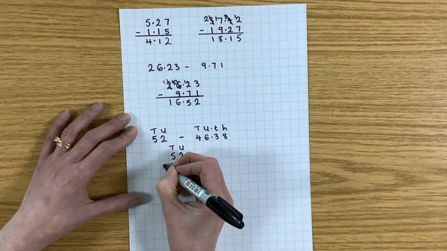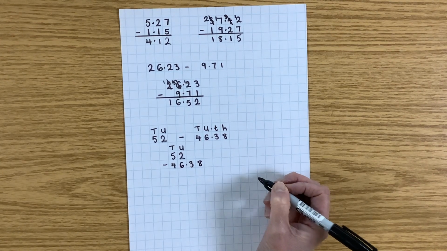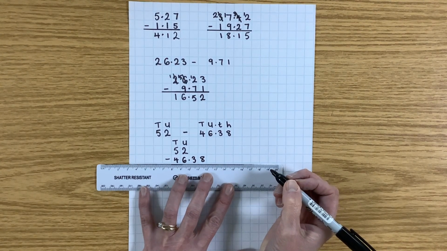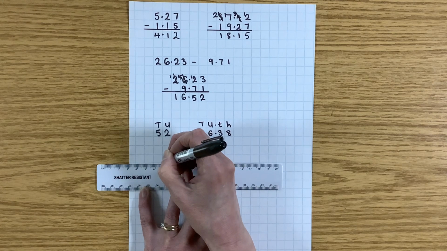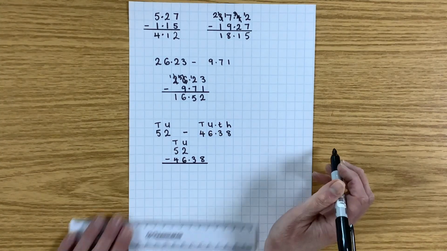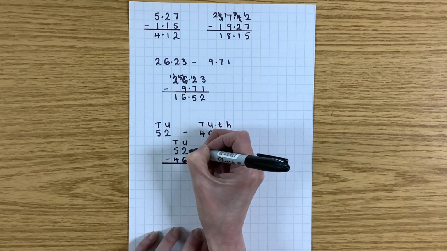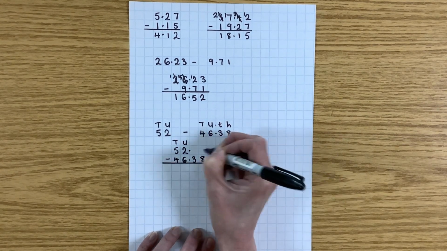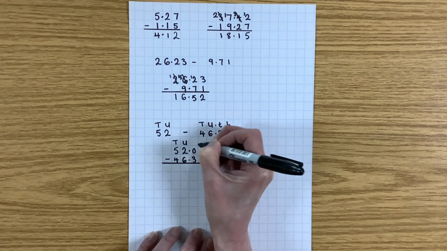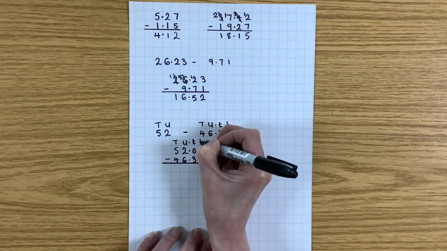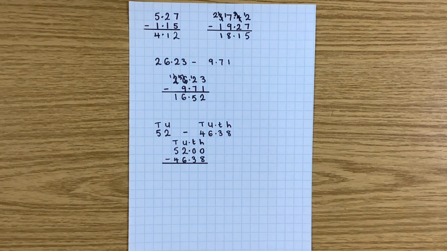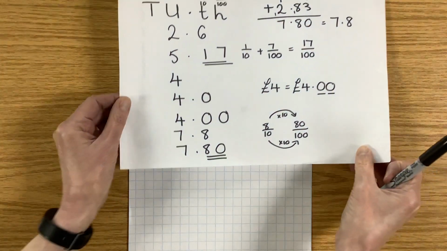But how am I going to do this question? Because there's nothing above my 0.38. Can you think what we might have to do? Well, what we have to do is put in a decimal point and 2 zeros there for my tenths and my hundredths. Remember what we talked about a couple of minutes ago?